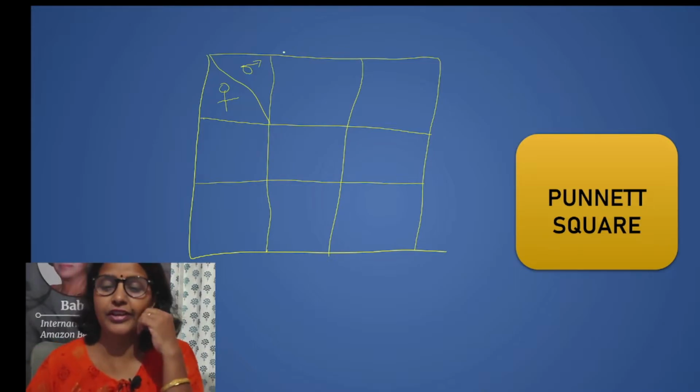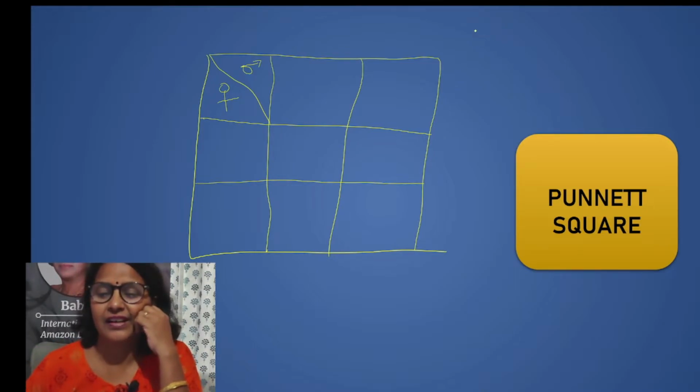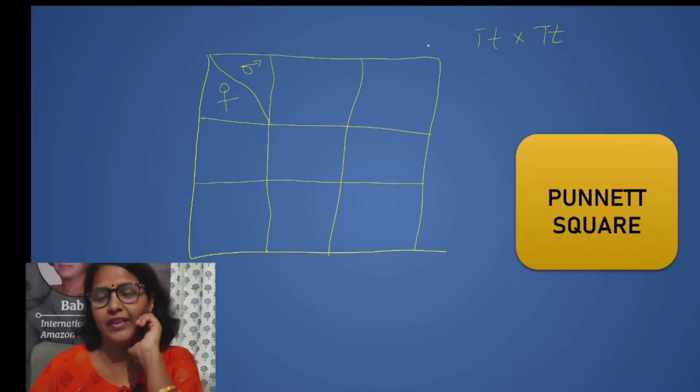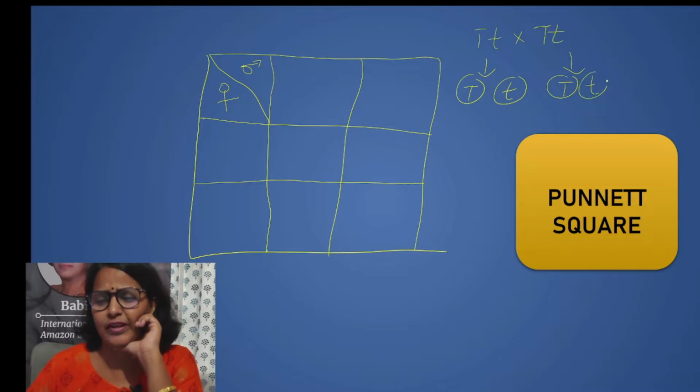So for this cross, let us write it for capital T capital T into capital T small t. What is the gamete formed? 2 different types of gametes are formed, capital T, small t.